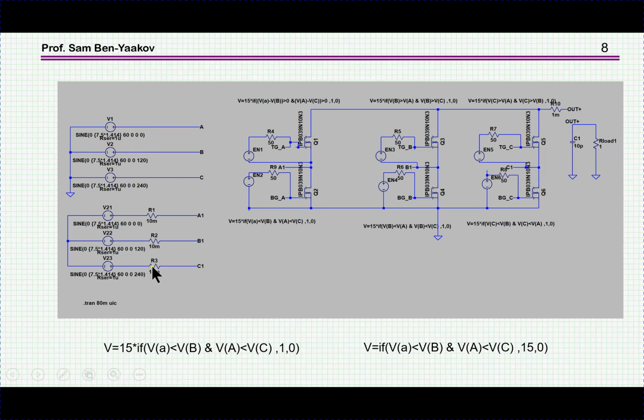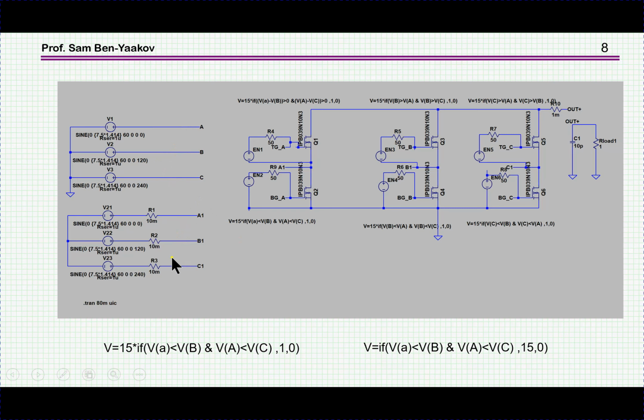I've put here 2 sets because I found that if I use one both for feeding the power and for sensing the voltages of the phases, then this expression somehow gets a little tangled and doesn't run smoothly. So therefore I've separated it.